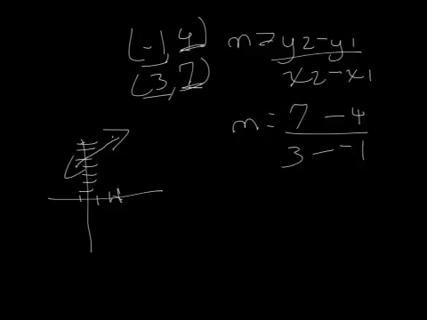Remember that whenever we subtract a negative number, it becomes a positive number. So our denominator is going to become 3 plus a positive 1. 7 minus 4 is going to give us 3, and 3 plus 1 is going to give us 4. So the slope of this line is going to be m equals 3/4, or you can write it as m equals 0.75.